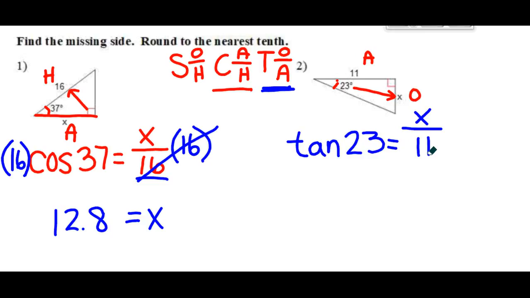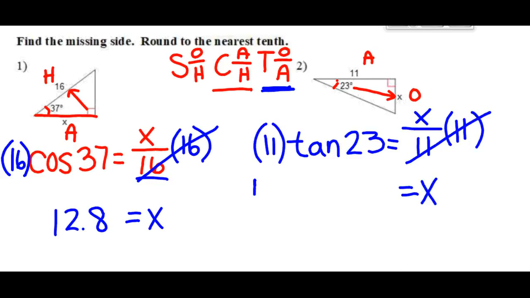Again, I'm trying to get x by itself, so I'm going to multiply both sides by the denominator. Doing so will allow me to cancel my 11s, and I'm left with x is equal to 11 times the tan of 23.